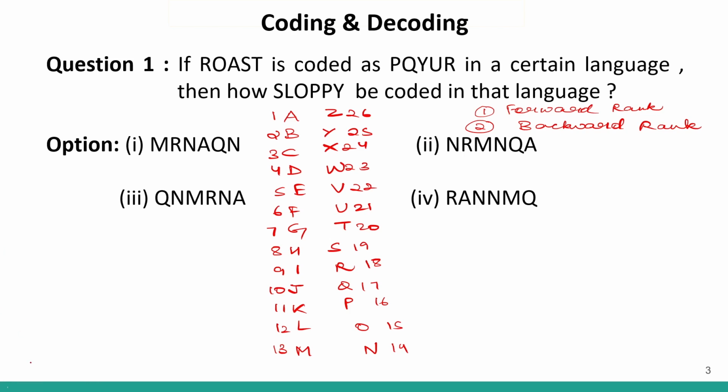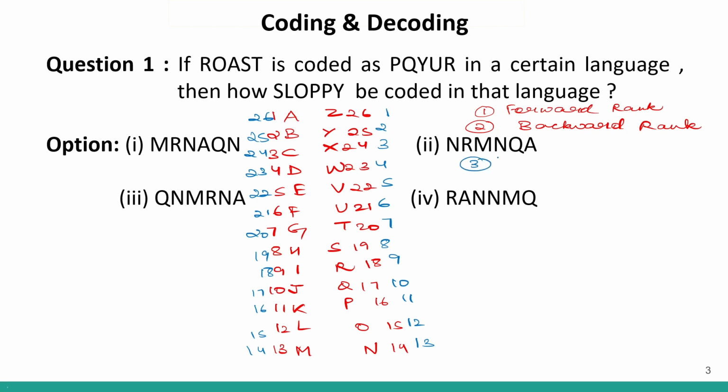So, if I talk about backward ranks, Z will be 1, then 2, 3, 4, and so on up to 26. These are your backward ranks.